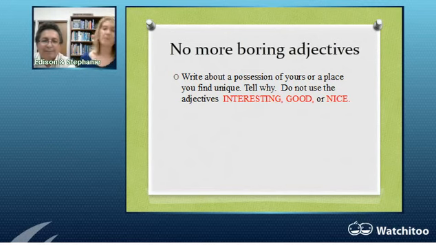Okay. And that could be something after they've written it where they work with a partner to identify the boring adjectives and replace them with something more meaningful. So it could also go from a writing activity to a speaking activity and a peer review activity to improve their word choice and vocabulary. Yeah, to make their lexicon a little bit bigger.